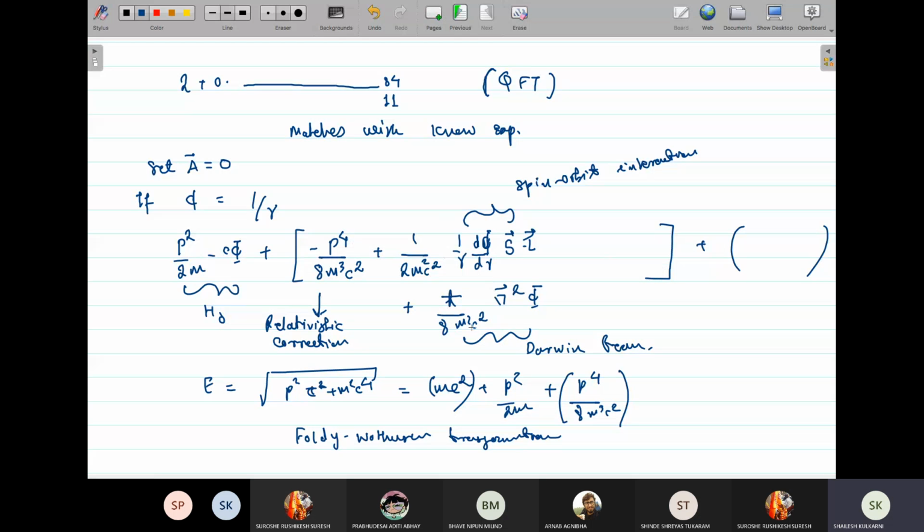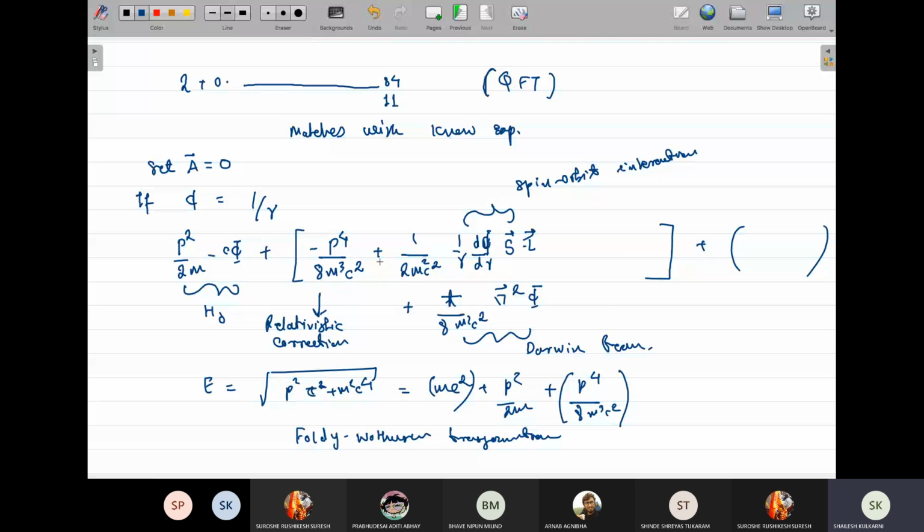These terms are basically responsible for the splitting in energy levels of the hydrogen atom. Those splittings are actually observed, and the extent of splitting is precisely in agreement with the expected results from this correction.